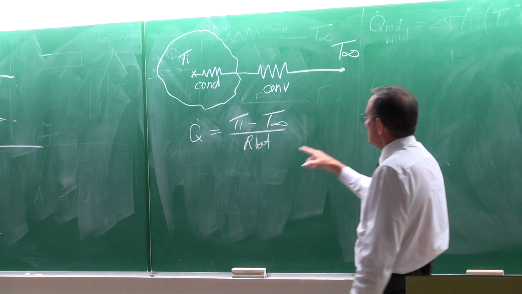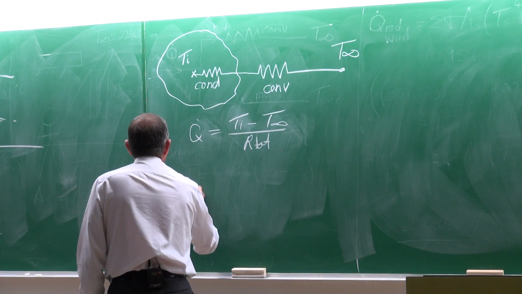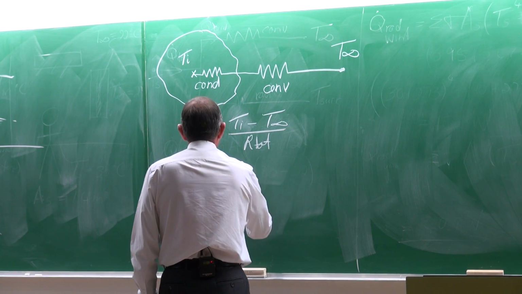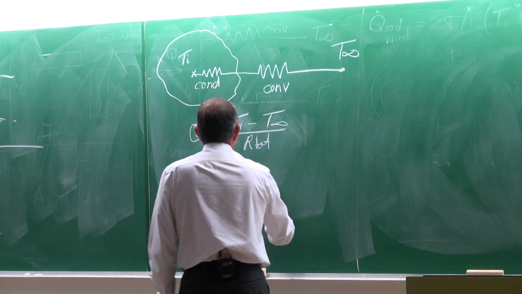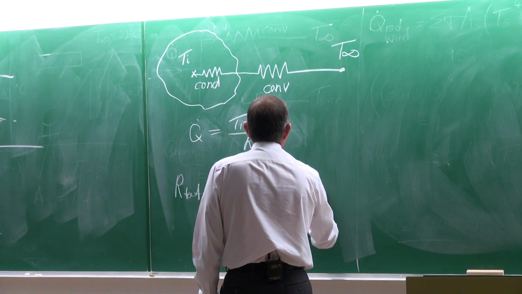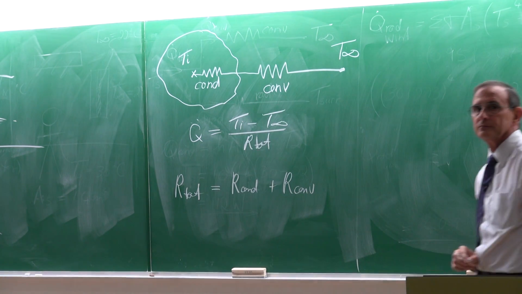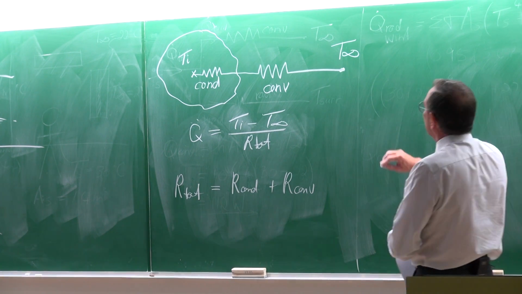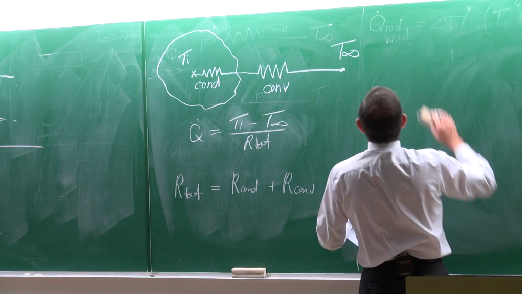And the total resistance is then going to be the resistance of the conduction plus the resistance of the convection. And there are different possible scenarios. Let's look at a few of them.